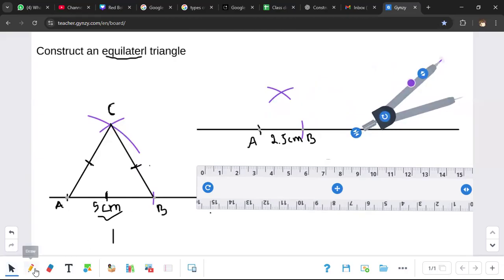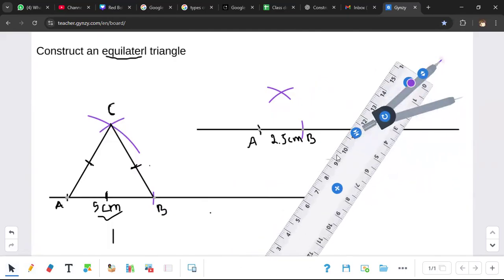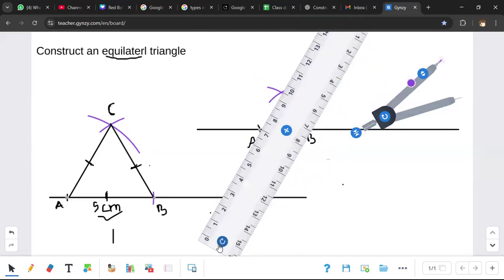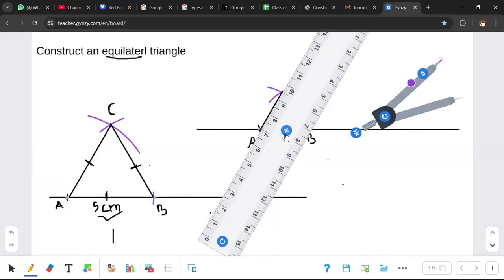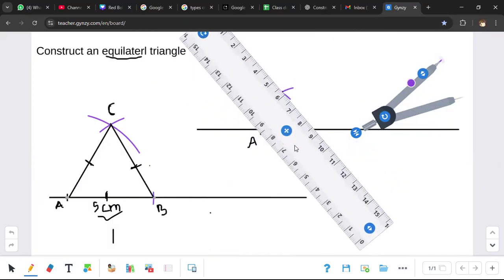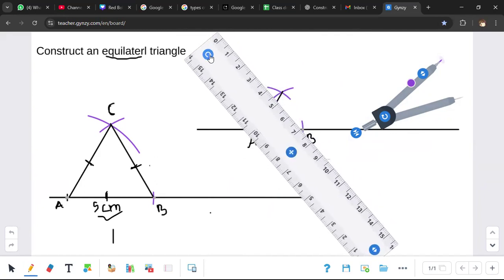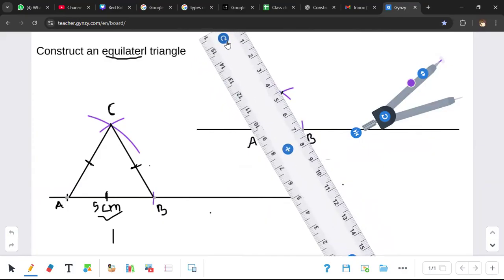Then I will take my ruler, right? Take my ruler, and I am going to join this point A and the intersection point, and the other point as well in the main, right? Then I'm going to rotate my point. I'm going to place somewhere around here. Right.